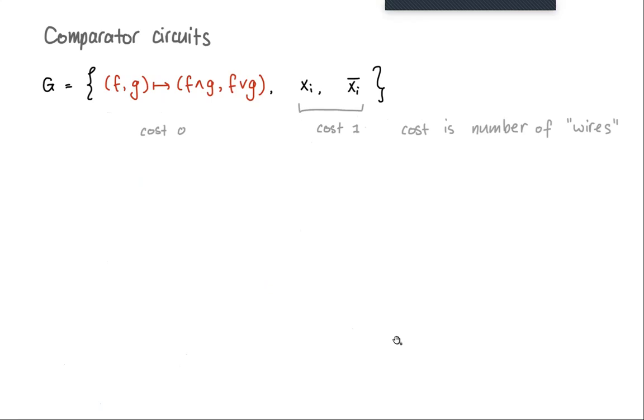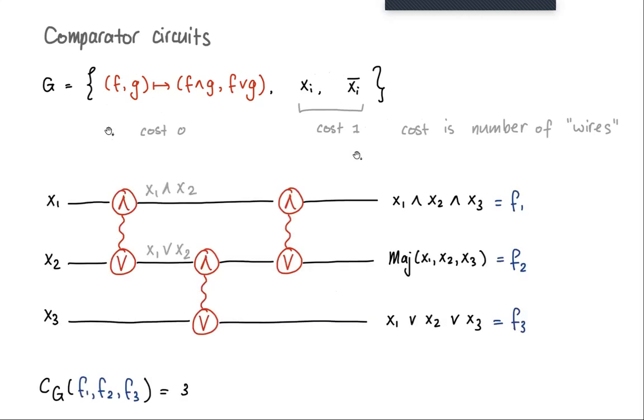A comparator circuit is the second example. Here the gate set is smaller, so we have this comparator gate which takes 2 Boolean functions and simultaneously computes the AND and the OR of the Boolean functions, and we still have these gates that will produce for us these literals.